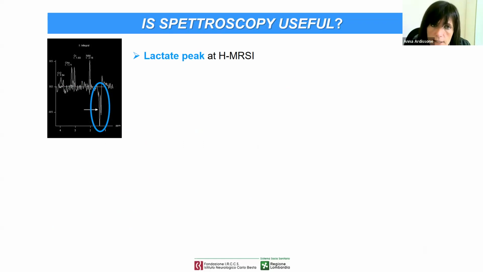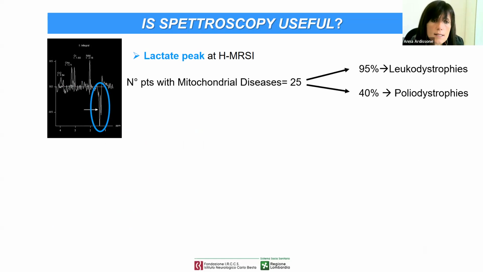Talking about differential diagnosis, another important point is spectroscopy. Spectroscopy is useful in mitochondrial disorders because it discloses the lactate peak. So we performed a study of 25 MRIs of patients affected by mitochondrial disease, and we found almost all patients with leukodystrophy had a lactate peak, and less than half of those with polydystrophy.